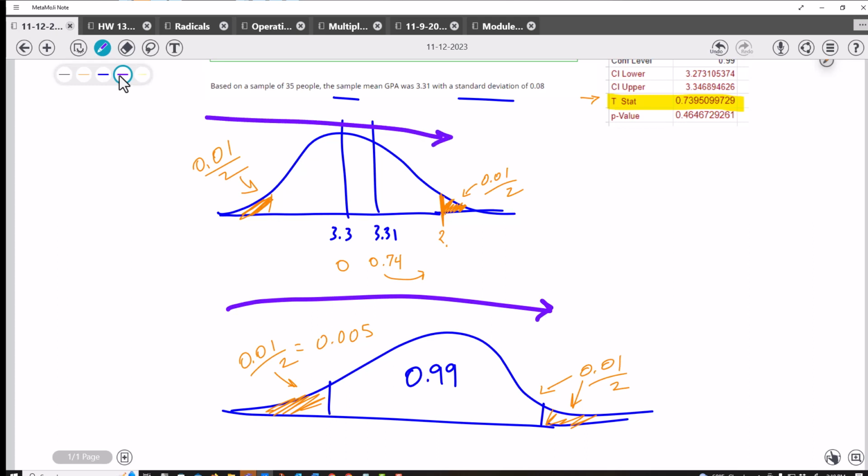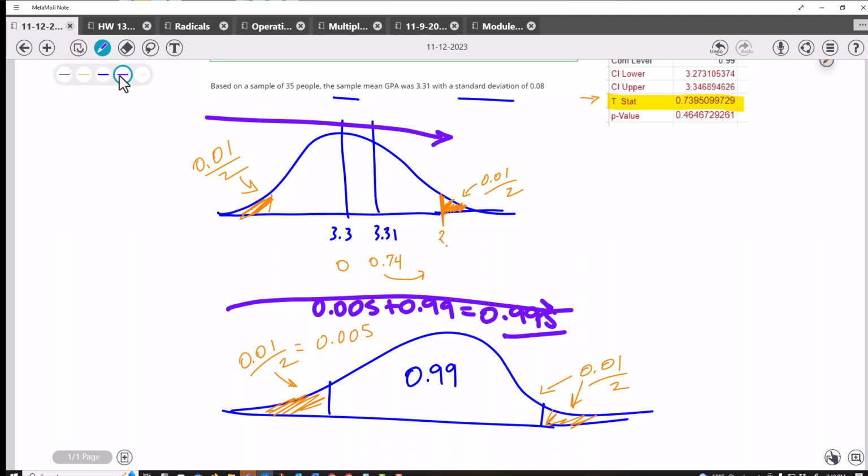Same thing, I wanted to put the 0.99. So I think that would actually be 0.005 plus 0.99. That's going to give me 0.995. And that's important because I'm going to use this number in my formula, and you're going to ask, but why is she using that? Because of the picture.